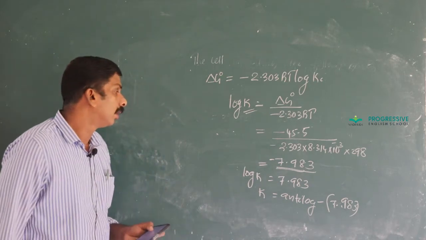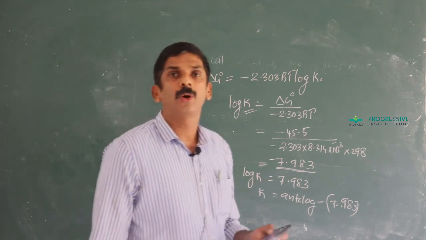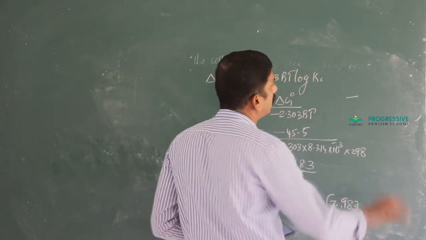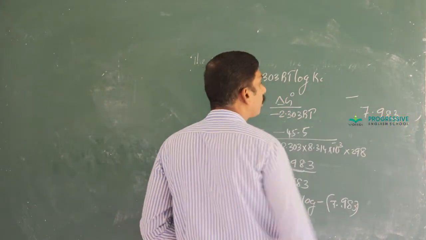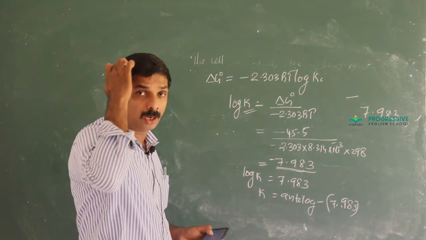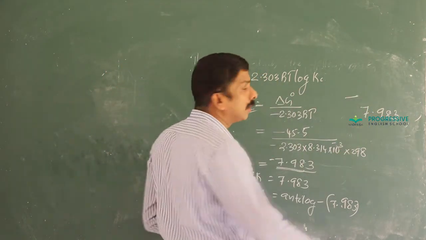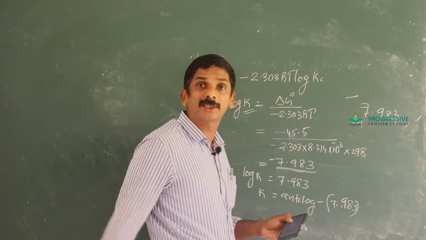Then, antilog. I think you are not at all familiar with log as well as antilog. To find the antilog of a minus quantity, for example minus 7.983, you simply add minus 1 on this part, which is called the characteristic part.